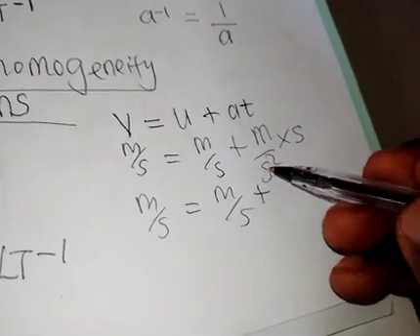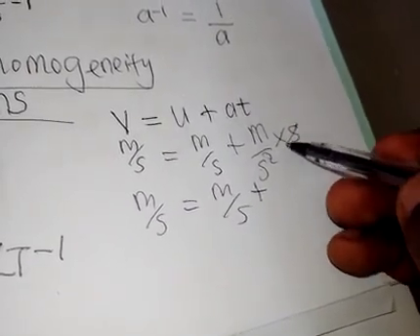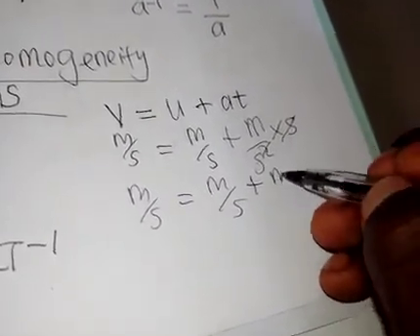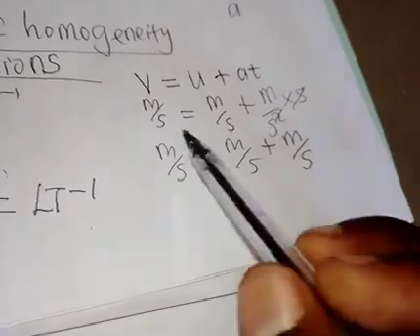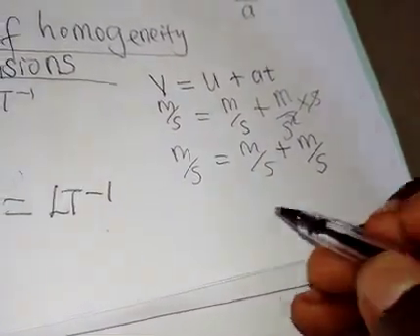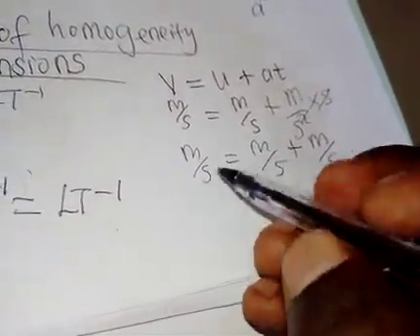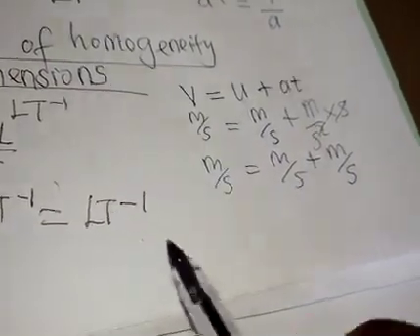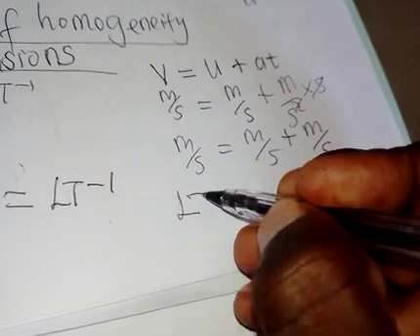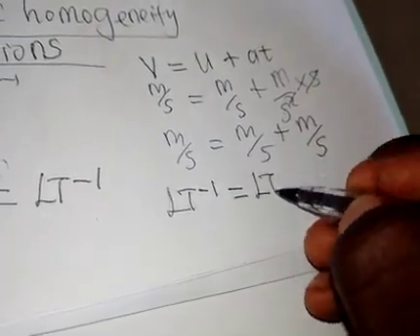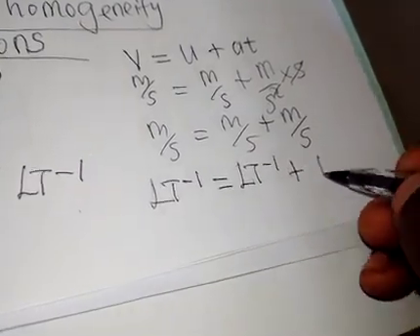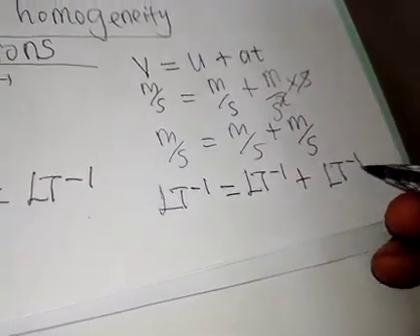As you can see, there is second squared and second, so we remain with meter per second. Then meter per second, this is what? Velocity. And the dimensions of velocity, remember, are LT to the power negative 1. So LT to the power negative 1 equals LT to the power negative 1 plus LT to the power negative 1.